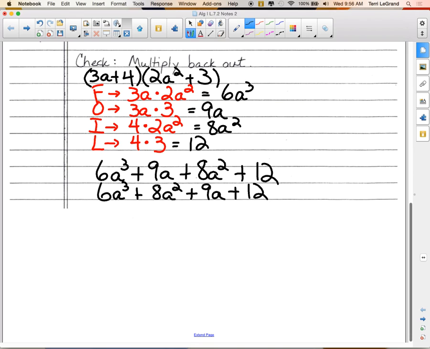Does it match? Do we have a polynomial that we renamed in factored form? Again, it's important that we understand that that name that we just got, that binomial times polynomial, is just another name for this polynomial. It checks out.